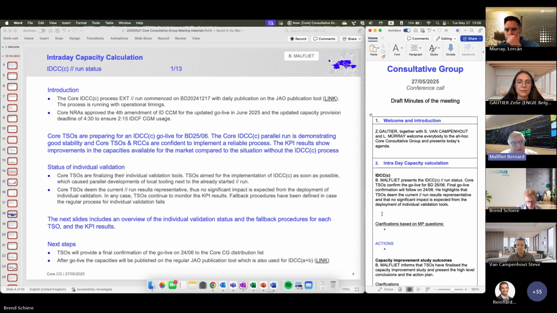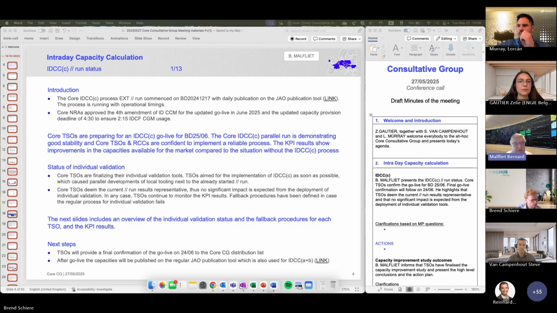of results. It's an external parallel run, which is running for 6 months and which intends to end, if it's correct, at business day 25th. So it's delivery of capacity on the 25th for business day 25. That is going to be the first live, and it's also the first time that capacity is delivered to a continuous trading process.